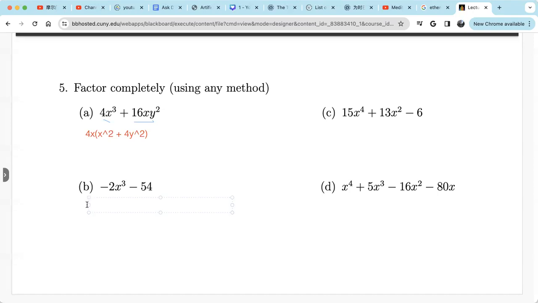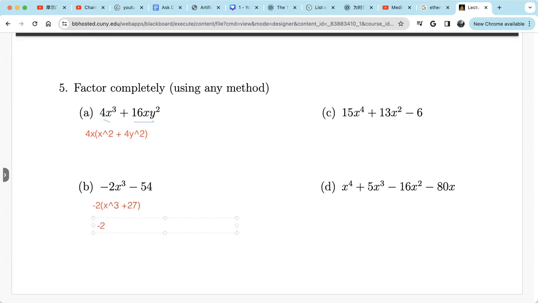For B, we see -2 is a common factor of the 2 terms. So we factor out -2, leaving x cubed plus 27. 27 is 3 cubed.